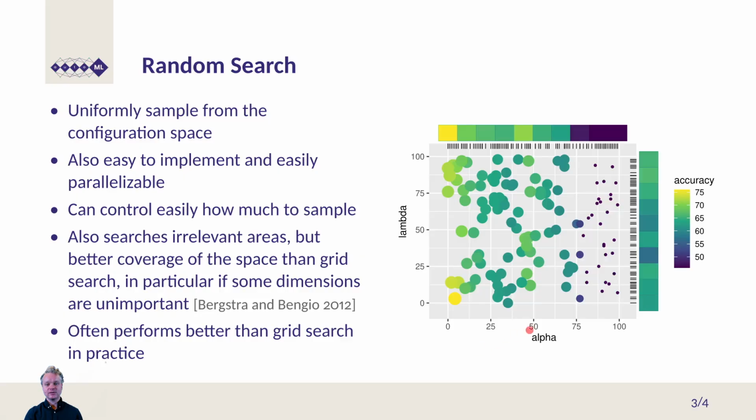You can also see that the coverage of the entire space is better. In particular, if you look at the log plots here and there for the x and y axis, you can see that many more different values were tried than for the grid search.